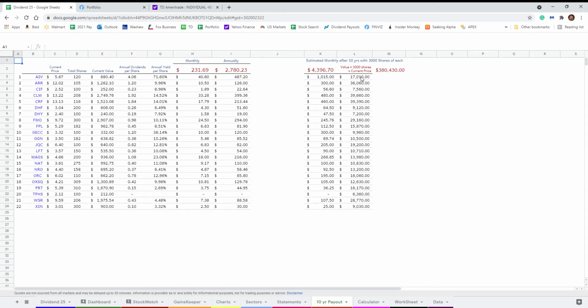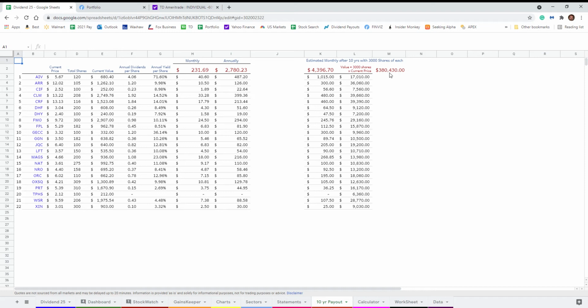And this is based on 3,000 shares per stock, which gives a total portfolio of 380,430, which is a rather large number. And honestly, I don't know if I can hit that in a 10-year period. But hey, we're going to give it a shot and see what happens.